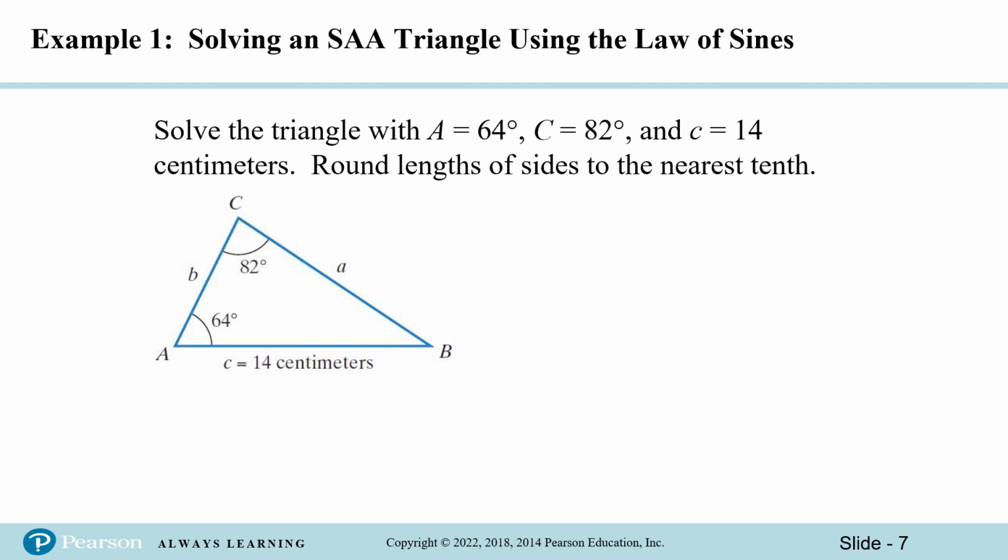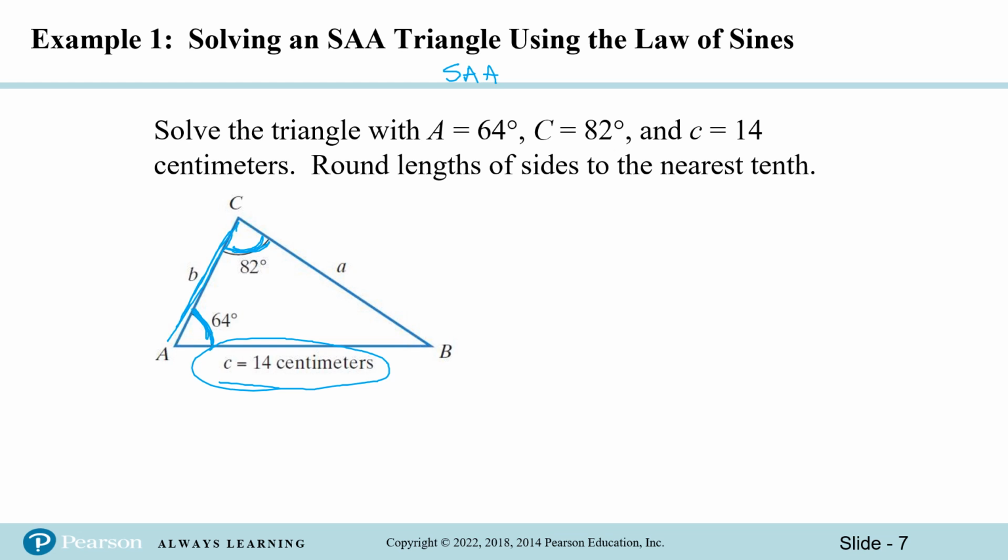So here's this angle right here, here's this angle right here, and here's my side over here. It is not between those two angles, but that's okay. This is a side angle situation, perfectly fine, use the law of sines.